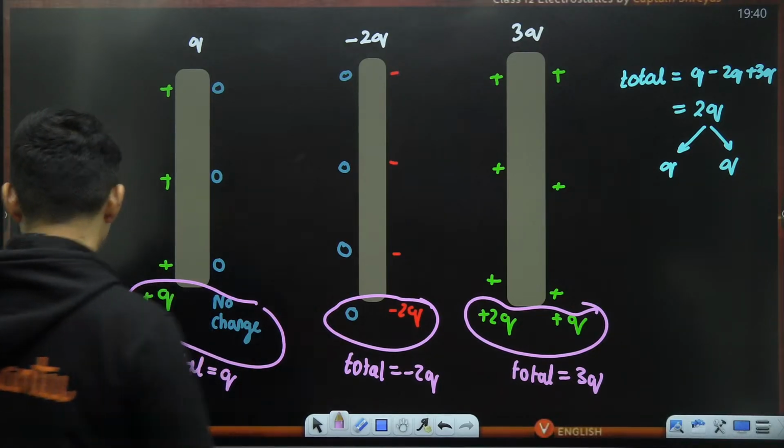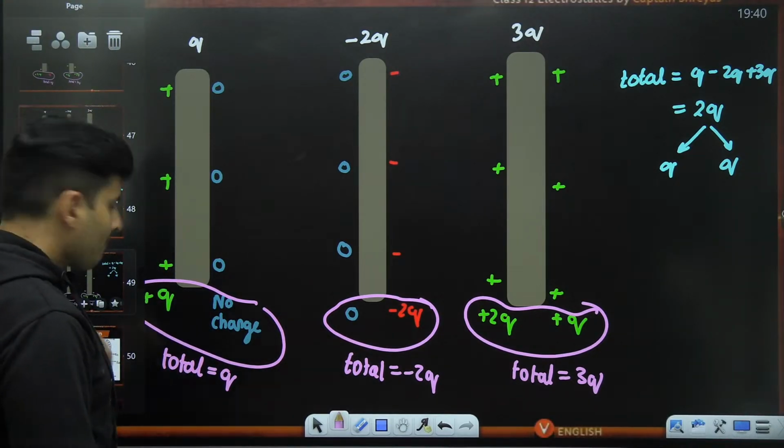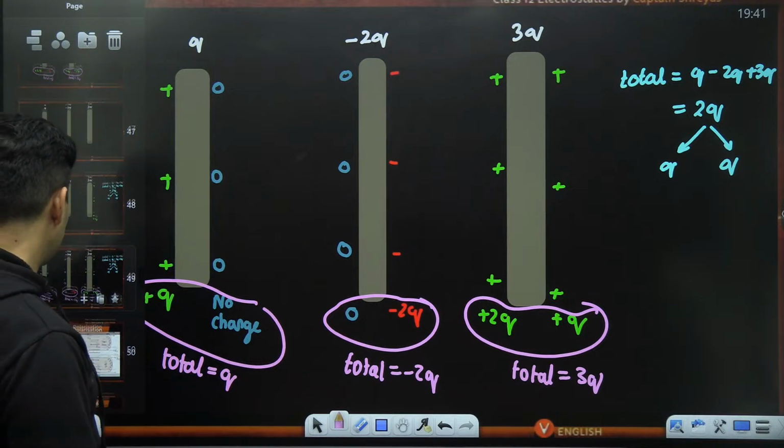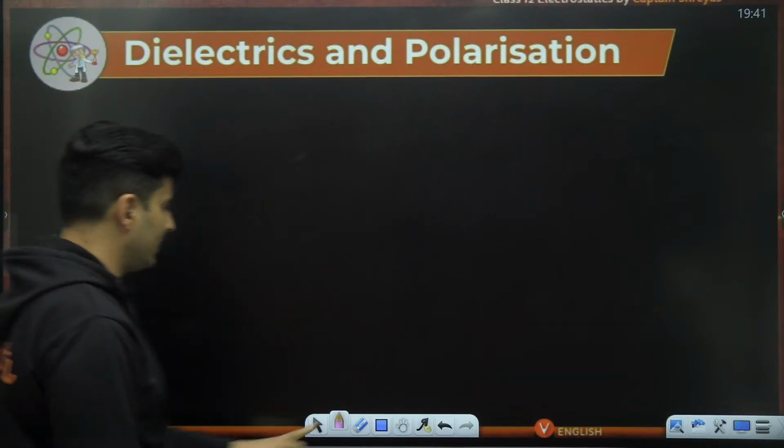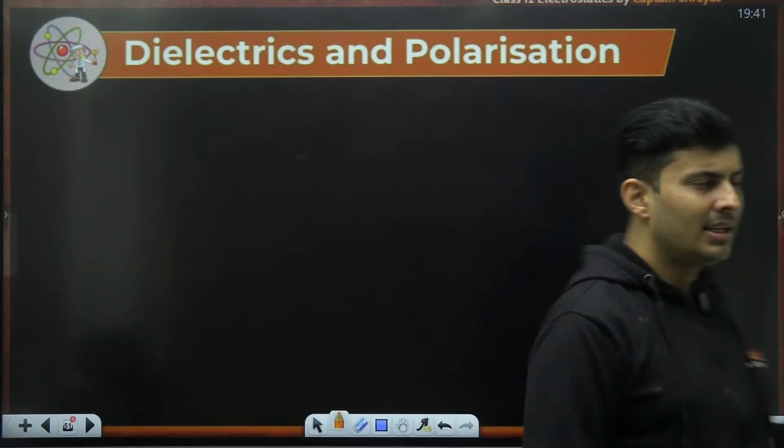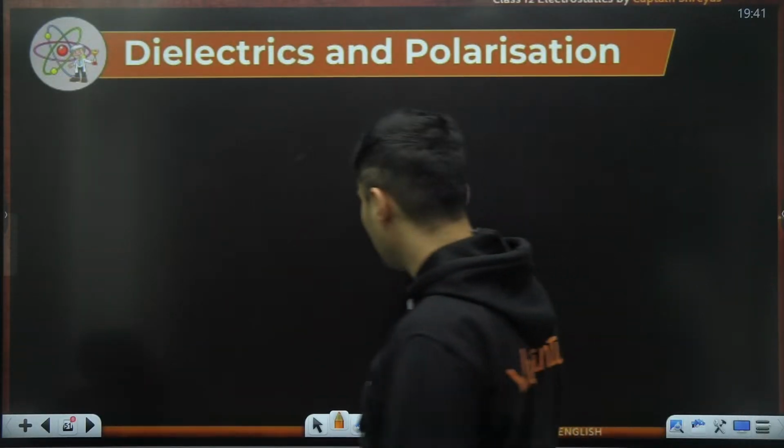Very good. Now that we have learned this, let's also talk about dielectrics and polarization. This is the last few things, and then I'll give you the formulas.